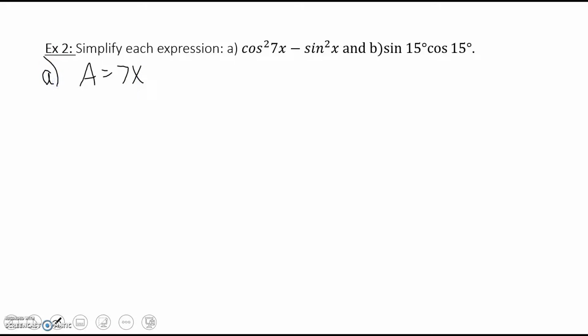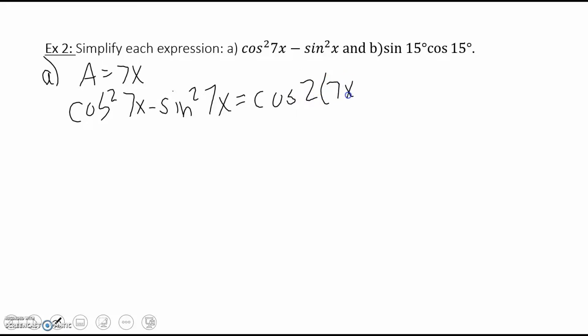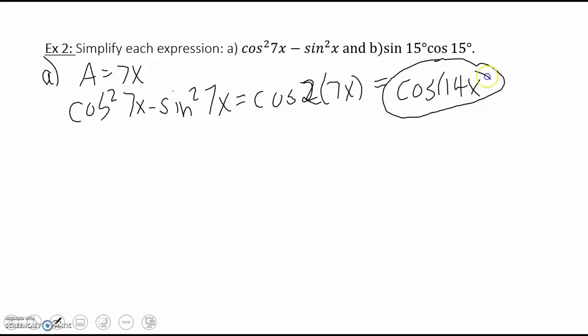So I'm on part A. So cosine squared 7x minus sine squared 7x is equal to cosine of 2a. Well, a in this case is 7x. So that's equal to cosine of 2 times 7x, and that's a 2. So that's equal to cosine of 14x by the double angle identity. So part A is equal to cosine of 14x by the double angle identity.